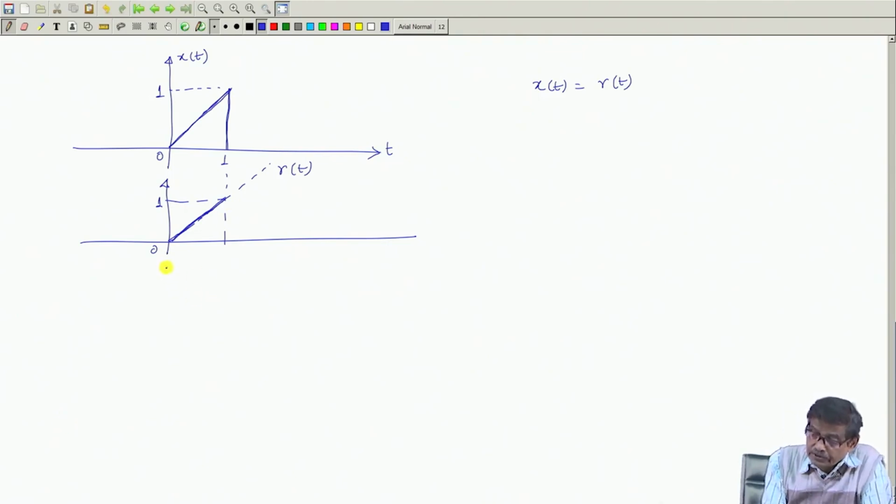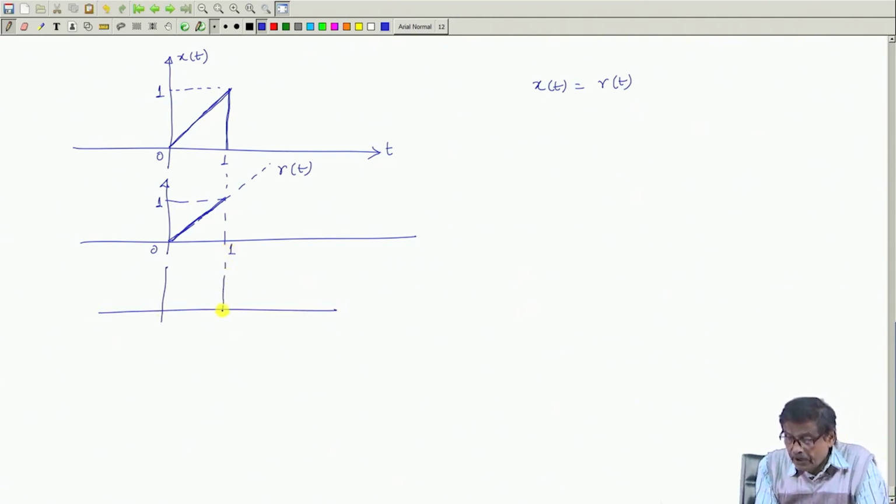So, what you can do is this, at this point, that is t equal to 1, please follow me. You add another ramp here in the negative sense, minus r, a negative ramp no doubt, but shifted, r(t minus 1).